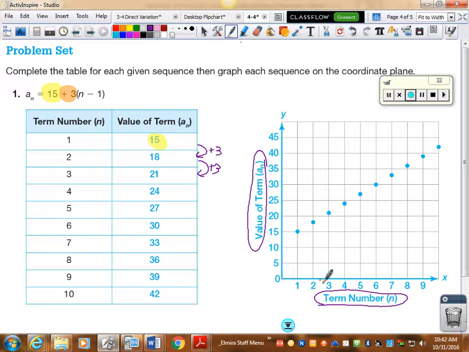Okay, most of the time your x-axis is going to be 1. I hate that they leave off the 10 on the end. 1 to 10. The y-axis, you're going to have to count by numbers that make sense and get as high as you need them to. For example, I need to get at least as high as 42.